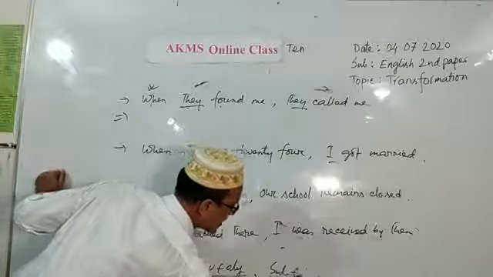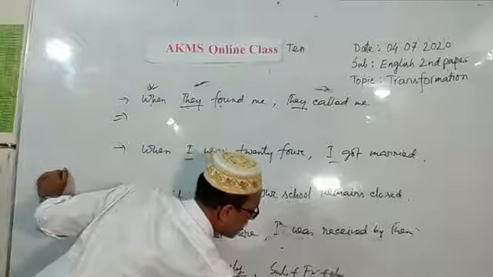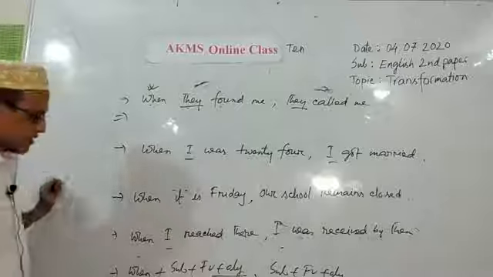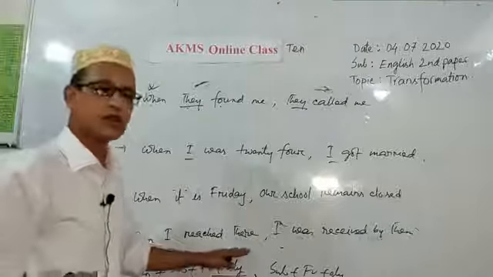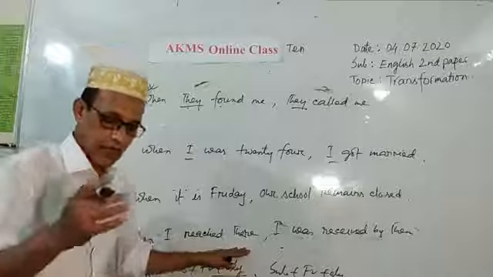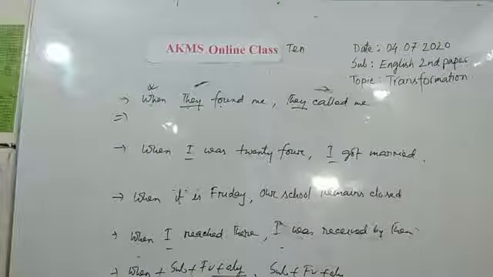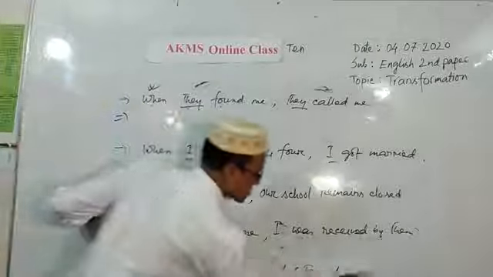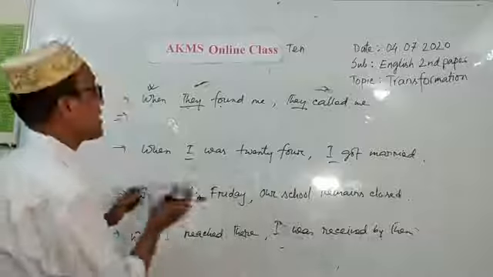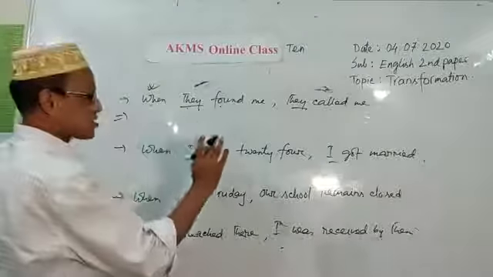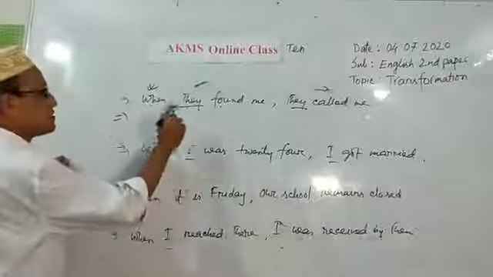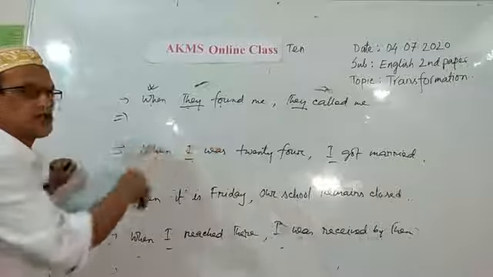Then subject, finite verb and object. Okay? When plus subject, finite verb and object. I cannot write the structure here because you are not able to look at it. I will write it after giving you the information.